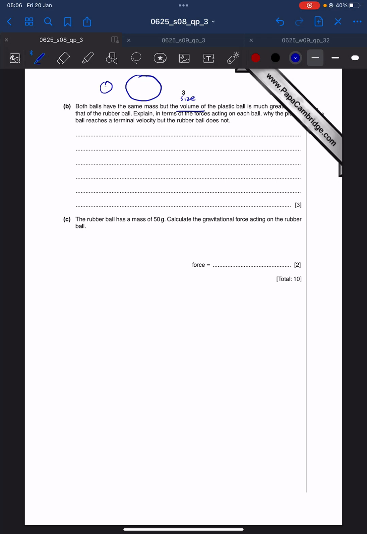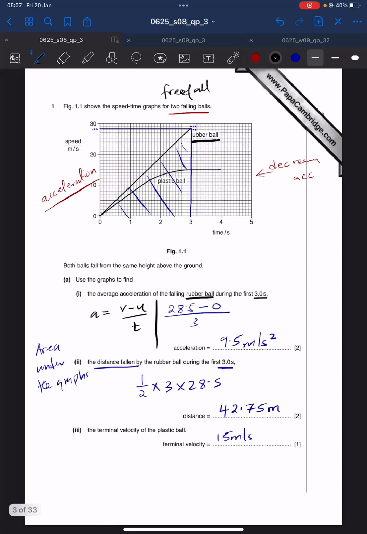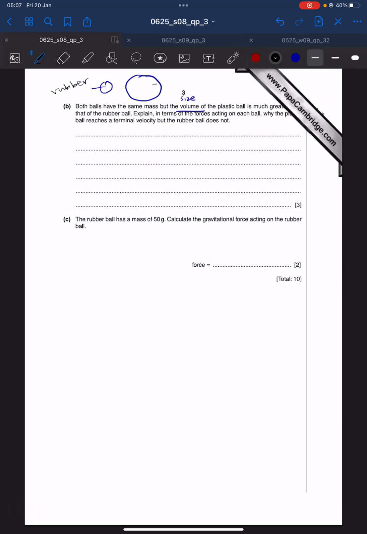طيب دي الرابة هنا. This is the rubber. الصغيرة هي الرابة و this is the plastic.